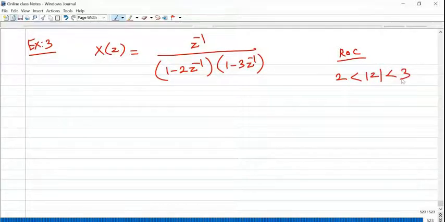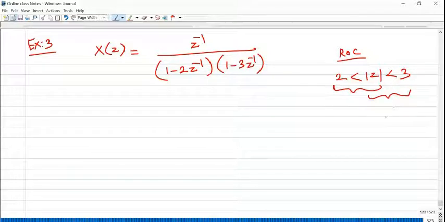In the first example, modulus z greater than 2, outside the outermost circle, we wrote the answer as a causal signal. Now, ROC modulus z greater than 2 means the term for the pole at 2 must be a causal signal. Modulus z less than 3, inside the circle, must give a non-causal result.